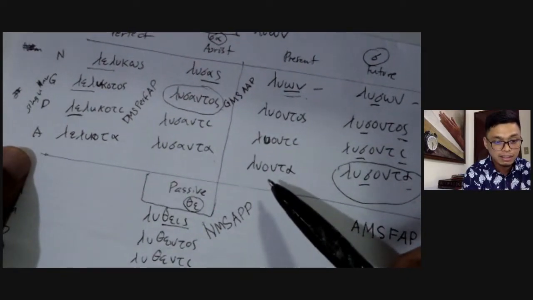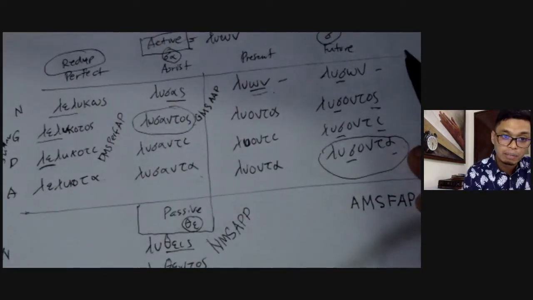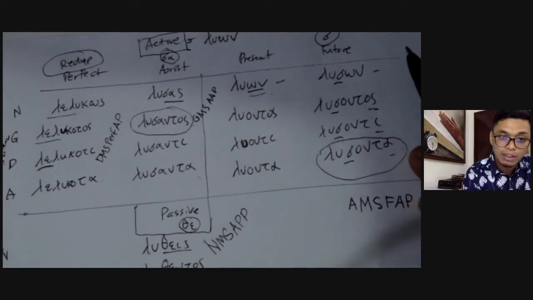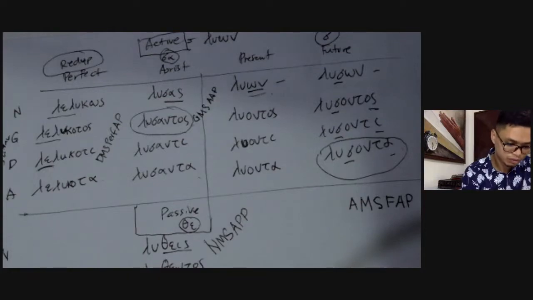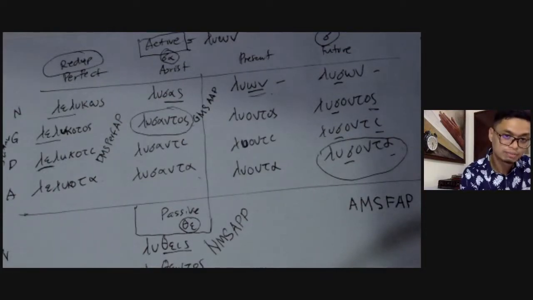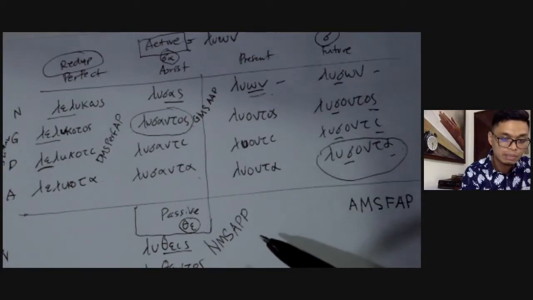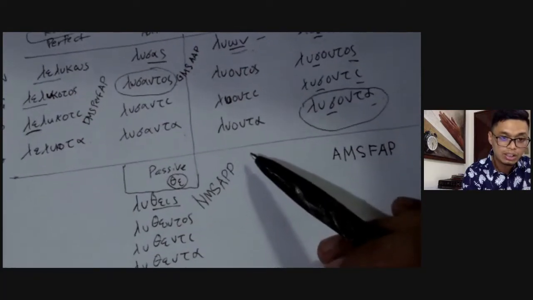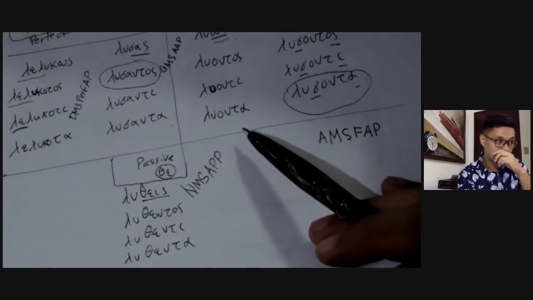So, quick recap. Every single one of the rest that you see, the perfect, the aorist, the present, the future, all of them follow socia. These are all active except for the aorist passive, which also follows the same socia, right? On plus minimum 2 and us plus minimum 1.